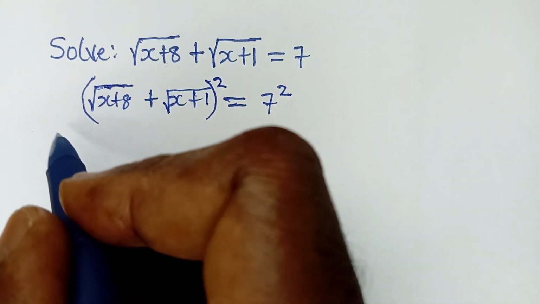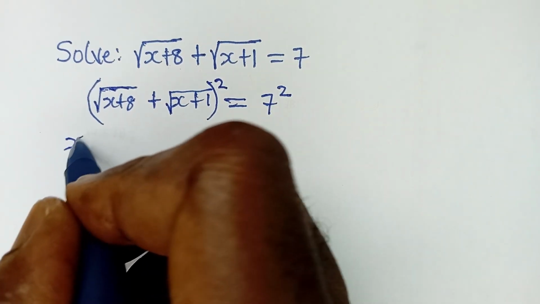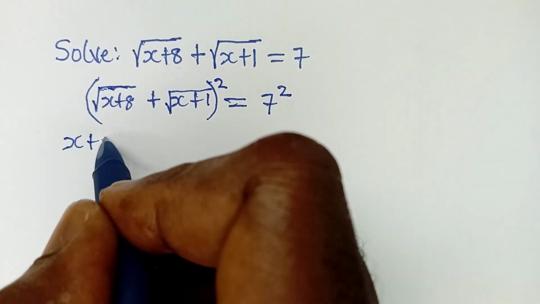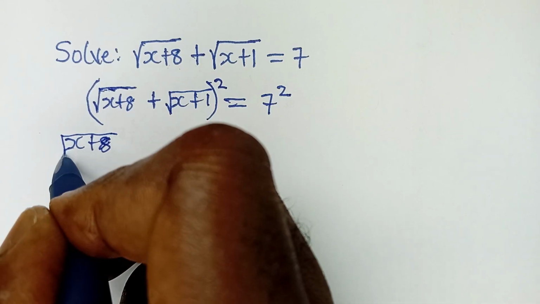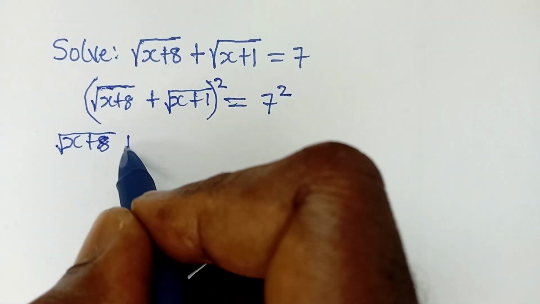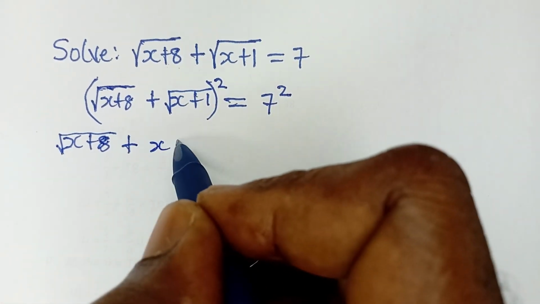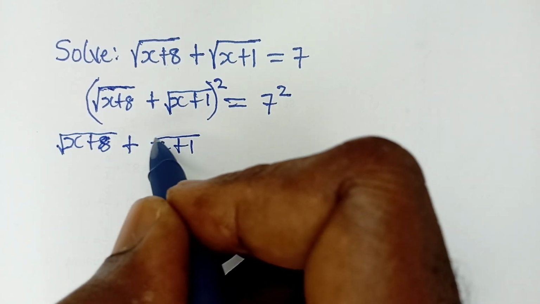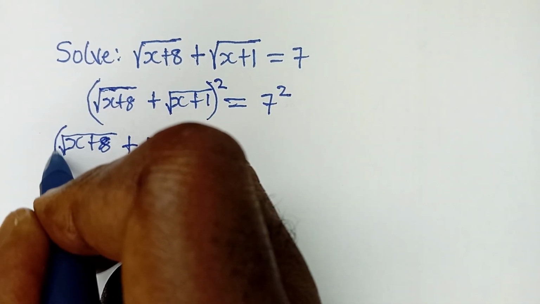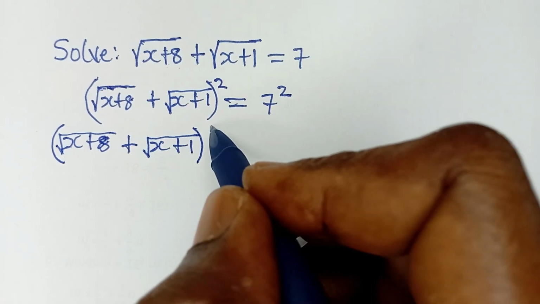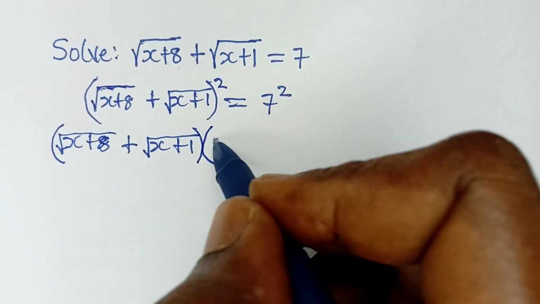Squaring this simply means that this will multiply itself. So I'm going to write root x plus 8 plus root x plus 1. So this is one of them multiplying itself.